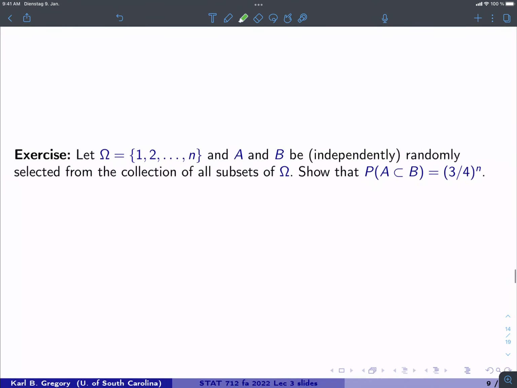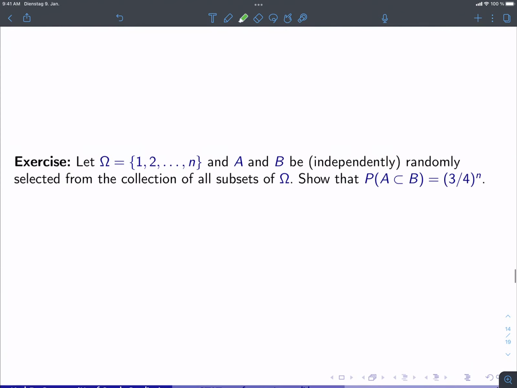Okay, so I want to do an interesting exercise that lets us use a few things that we know. We're going to use the law of total probability, the definition of conditional probability, and the idea of independence. So this is just kind of a fun problem that brings a lot of different pieces together.